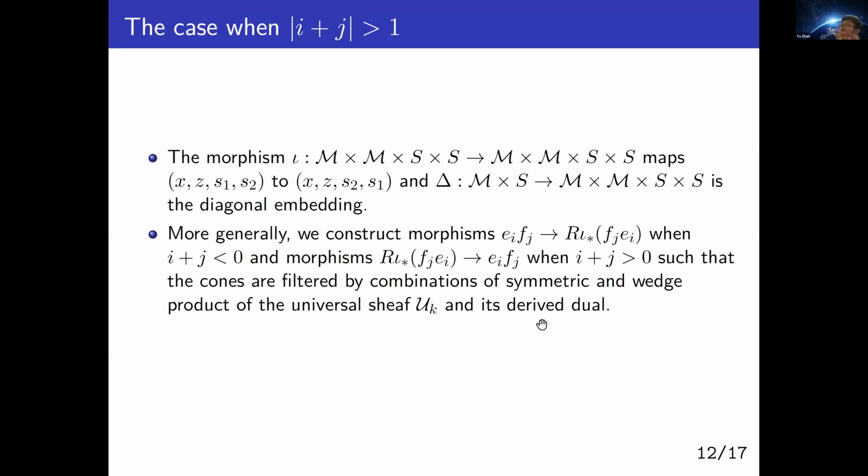So broadly speaking, given an R matrix, or given a solution of the Yang-Baxter equation, we can associate a knot invariant, or a link invariant, for any links up to isomorphism.